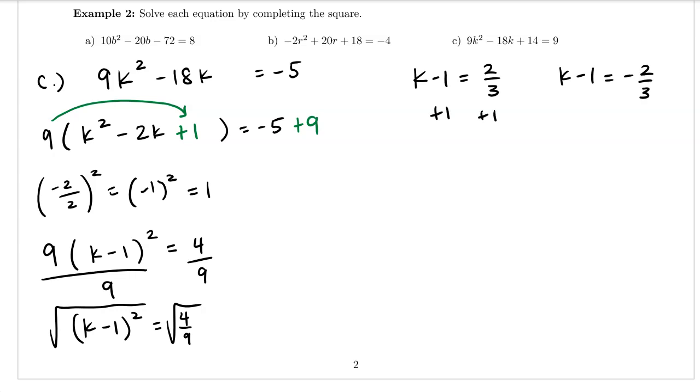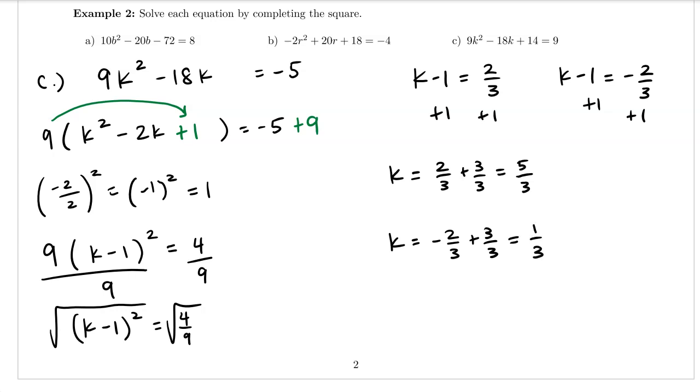Then I can add 1 on both sides, and we get k equals 2/3 plus 1, which is the same thing as 2/3 plus 3/3, which is equal to 5/3. And then our other solution is k equals negative 2/3 plus 1, which is the same thing as 3/3, so that's going to give us 1/3.